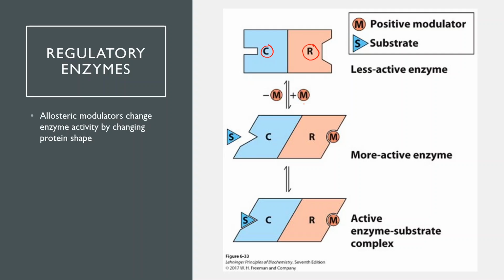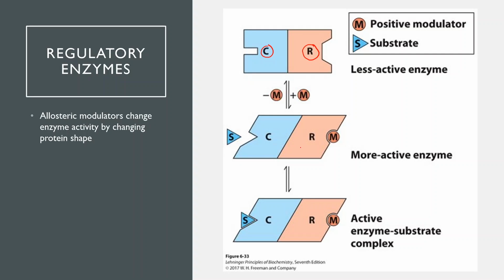But the presence of that modulator, again, will just increase that activity, and vice versa. In fact, the substrate also can sometimes increase the binding of the modulator. Sometimes the modulator itself can be a substrate for the enzyme, but other times it can be just a molecule that binds temporarily to the enzyme.